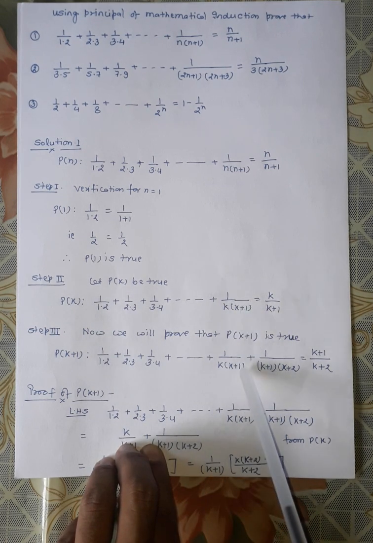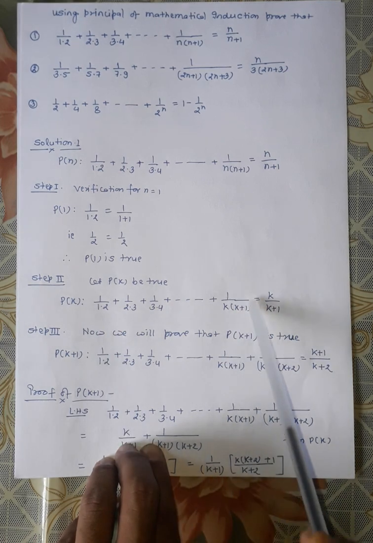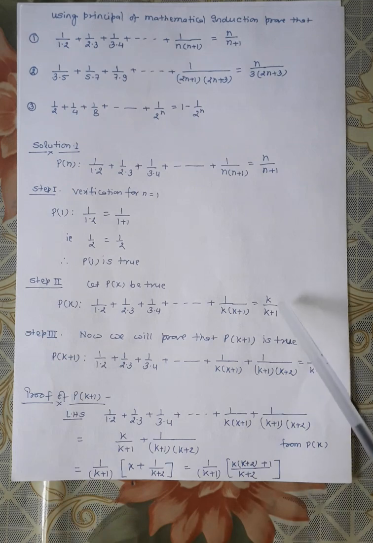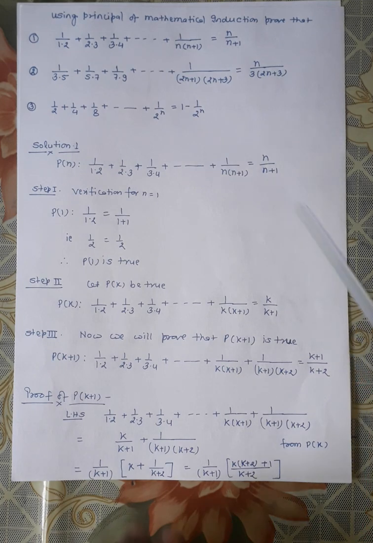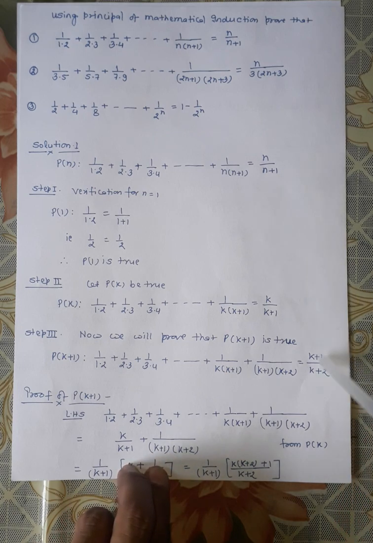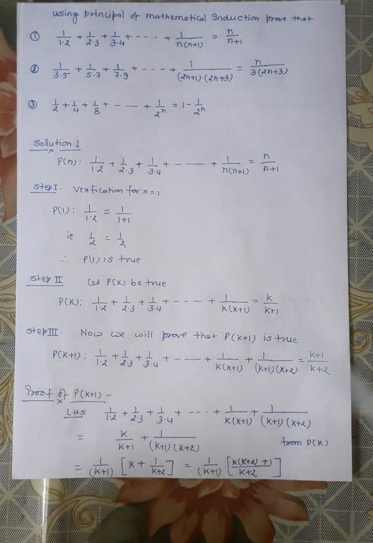This is the last term. You copy it here. It will be the same. The previous term and the last term of this P(k) will be the same. It depends on you which path you are following. And in the right hand side, in place of n, k plus 1, and in the denominator also k plus 1 plus 1, so it will become k plus 2.